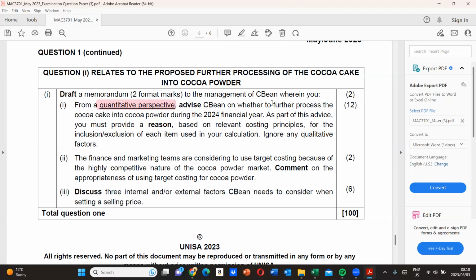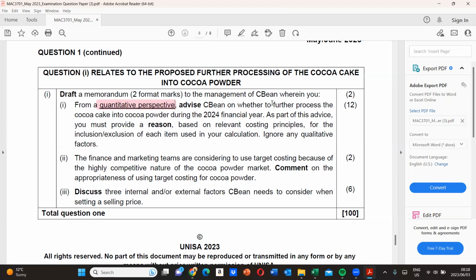Of course, this is still a question on process costing. Remember, with respect to process costing, we're testing if we should further process the product. When we further process the product, there will be additional costs.